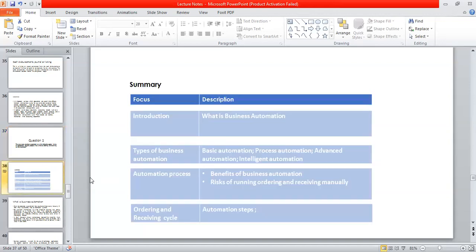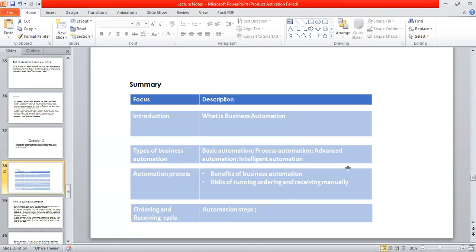So on this question, we are going to focus on business automation. We want to know what business automation is and the basic types of automation, which are basic automation, process automation, advanced automation, and intelligent automation.